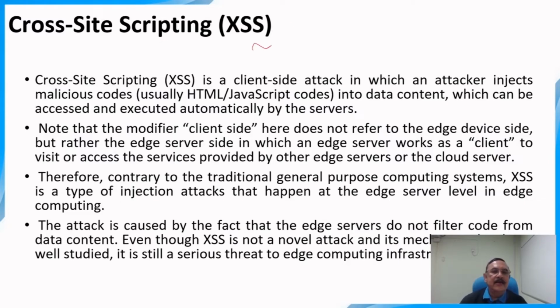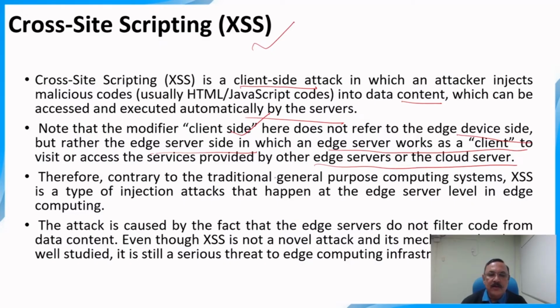Now, cross-site scripting (XSS) is a client-side attack in which an attacker injects malicious code into the data content, which can be accessed and executed automatically by the server. Note that the client side here does not refer to the edge device side, but rather the edge server side, in which an edge server works as the client to visit or access the services provided by other edge servers or the cloud servers.